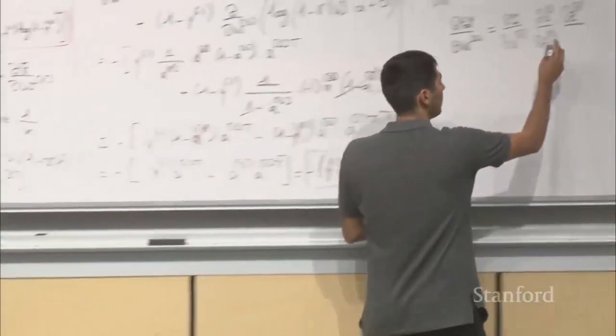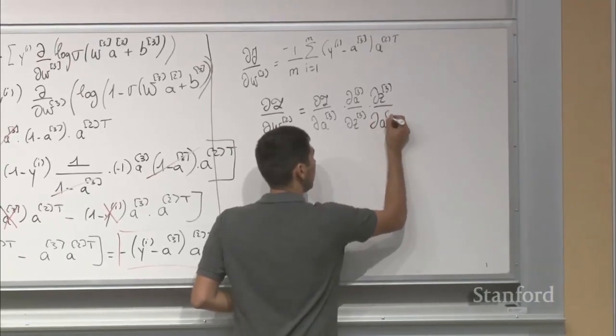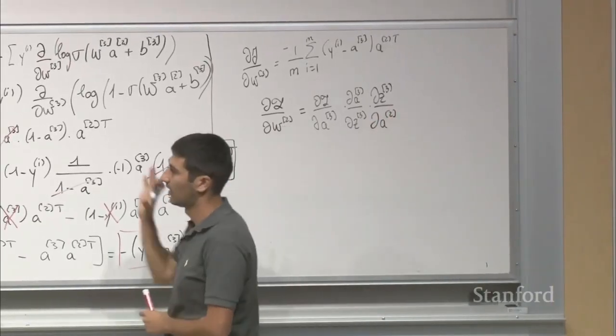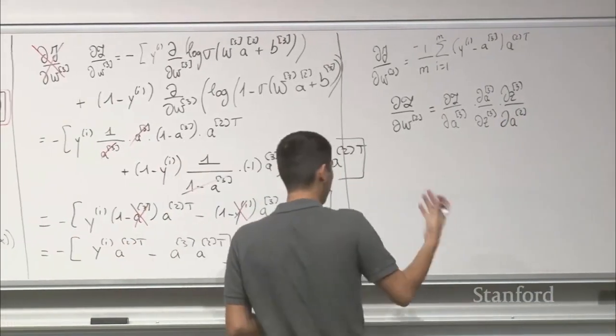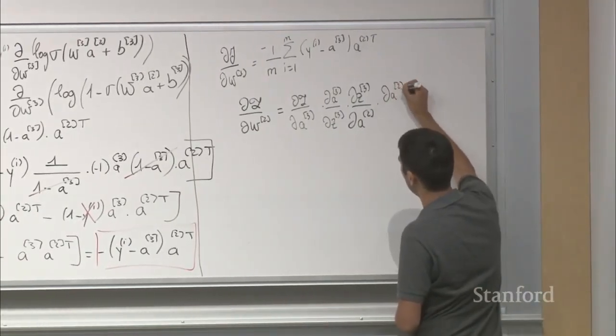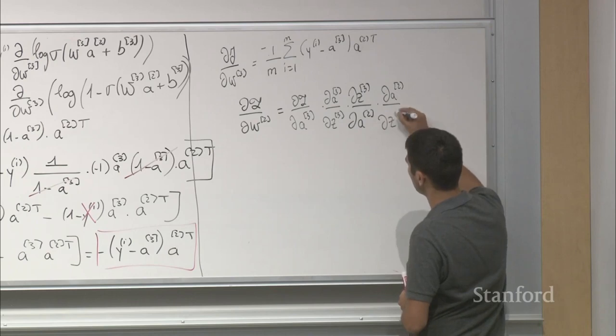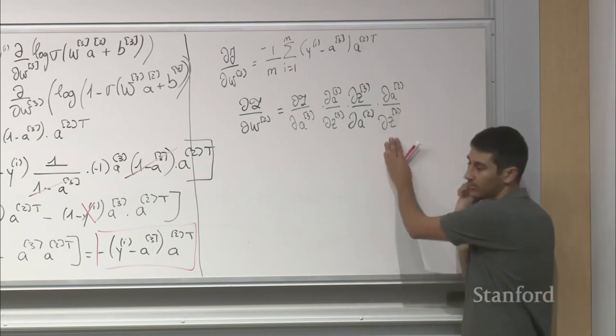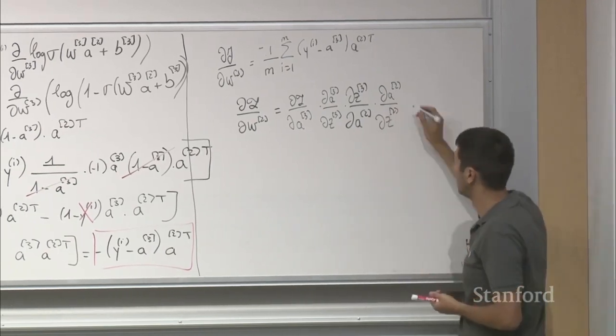So I'm going to take the derivative of Z3 with respect to A2 to have my error backpropagate, and so on. I know that A2 is equal to sigmoid of Z2, so I'm just going to do that, and I know that this derivative is going to be easy as well.